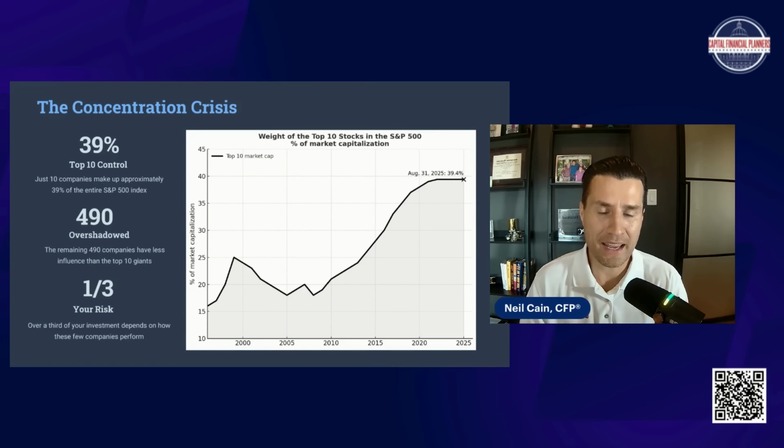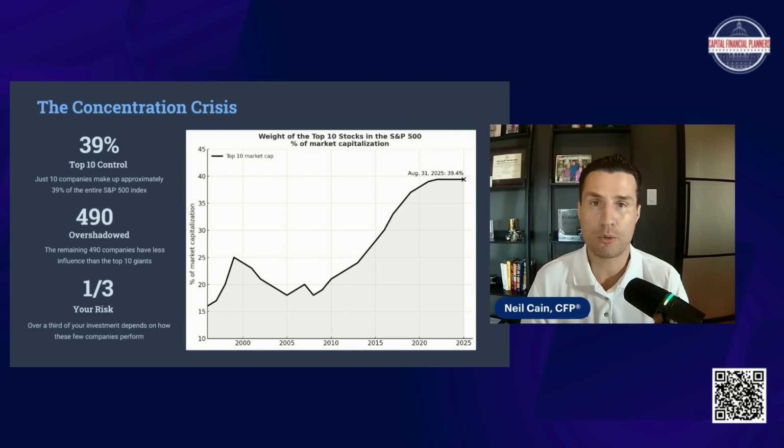So today we see the largest concentration risk that we've ever seen in this index. We've seen 39% of the TSP C Fund, the S&P 500, represented by just 10 companies. We haven't seen that type of concentration risk really ever.